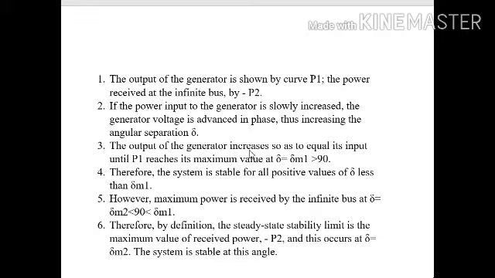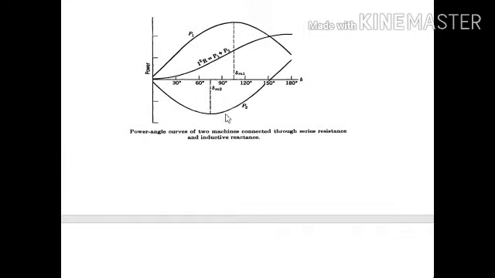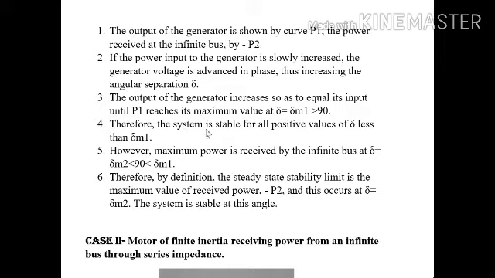Then the output of the generator increases so as to equal its input until P1 reaches its maximum value at delta equal to delta M1, which is greater than 90 degrees, as is clear from this power angle curve. Therefore the system is stable for all positive values of delta less than delta M1, right?